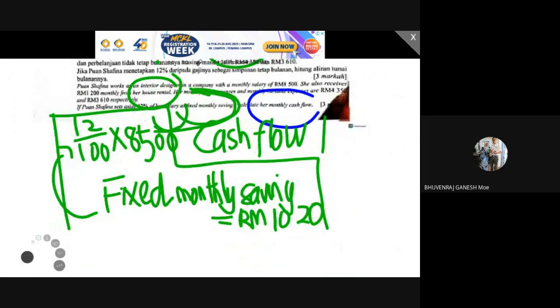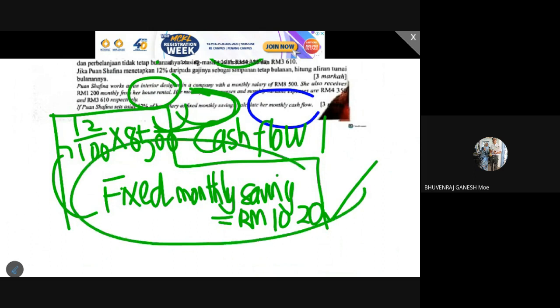So now you have 5 values basically. Kamu ada gaji dia, kamu ada hasil sewa dia, kamu ada nilai ini. Lepas tu kamu ada 2 perbelanjaan. Perbelanjaan tetap dengan perbelanjaan tak tetap. So this value, do we add or minus? Adakah kita tambah atau tolak nilai ini sebenarnya? Think carefully.